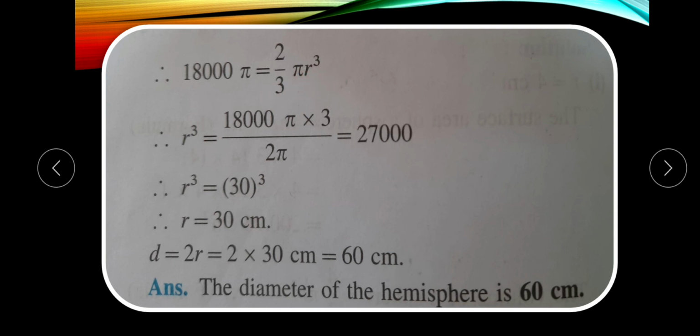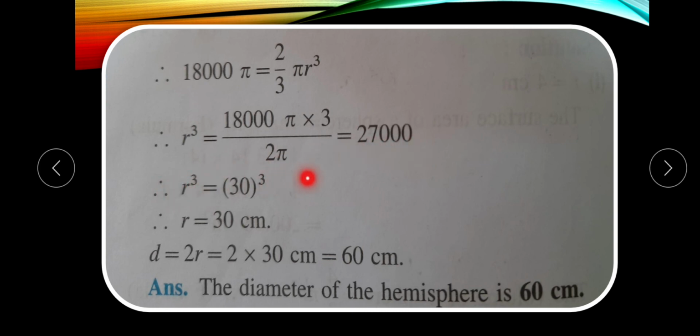We need to find the value of r cube. We need to find the value of r in short. So we will take r cube in the LHS part. What remains is r cube is equal to 18,000 pi into 3 upon 2 pi. Pi and pi get cancelled. When you reduce 18,000 by 2, you will get 9,000. 9,000 into 3, you will get 27,000.